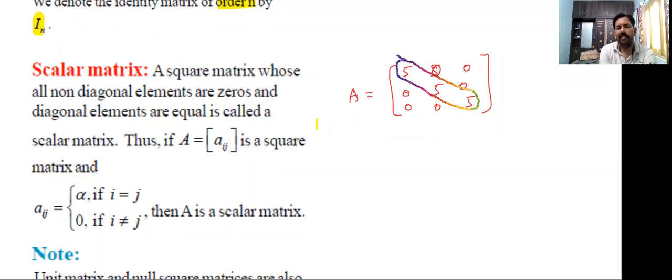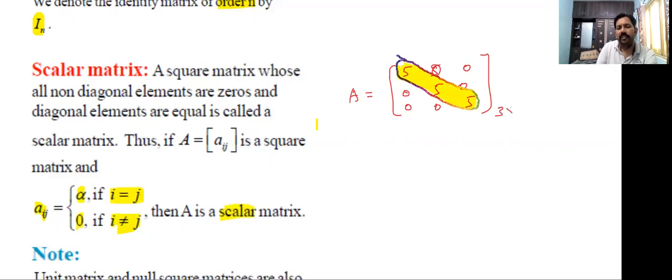Other than 1, we can say it is a scalar matrix. So remember it: Aij value, i equal to j, alpha; i not equal to j, 0. Other than the principal diagonal elements, each and every element is 0, and the principal diagonal elements are equal to a scalar. Then we say that such a matrix is a scalar matrix.